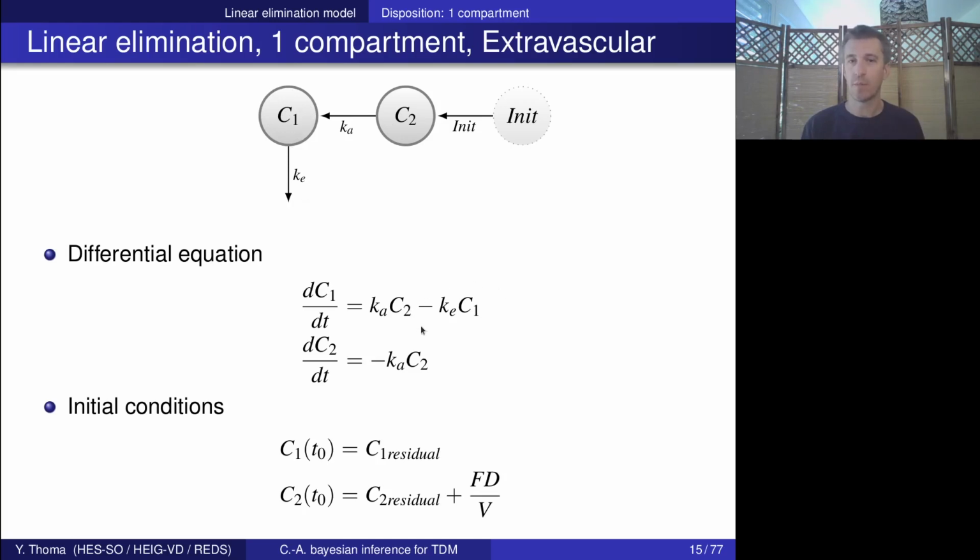So we keep this way of saying, okay, we are eliminating from our central compartment, but at the same time, we are taking part of the drug from this second compartment and we'll put that into the central compartment.